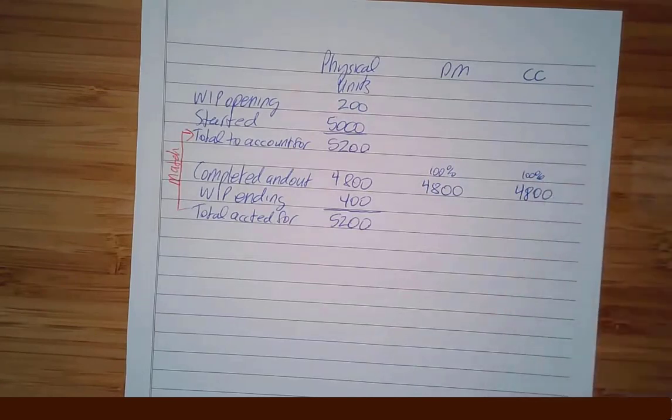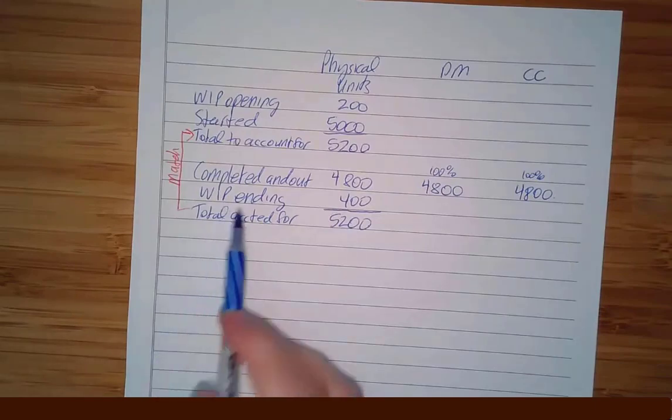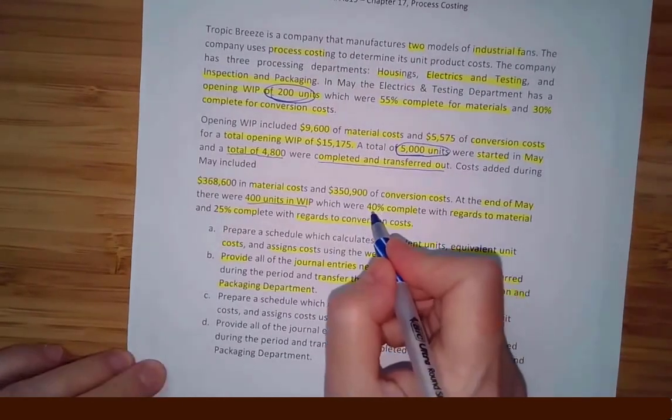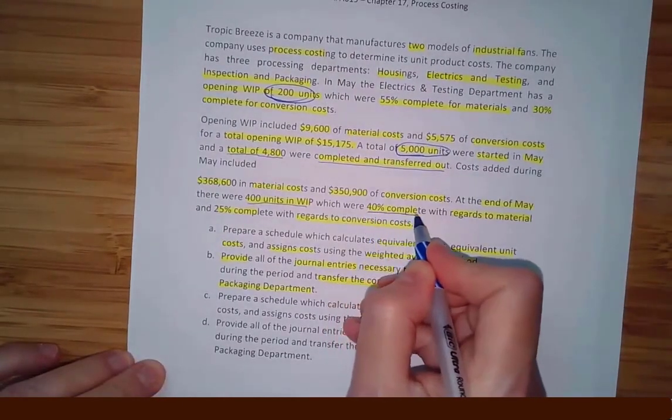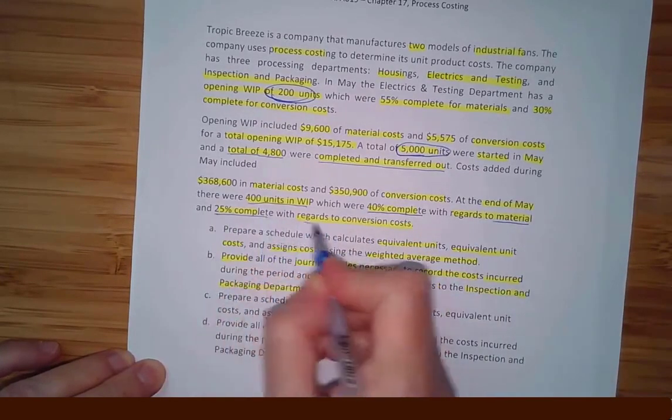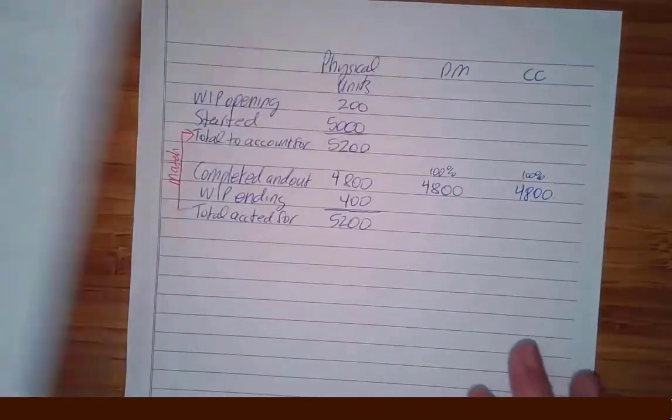Now we have to ask ourselves, how much of the direct material have gone into the work in progress ending? So we have to get that information from the question. It says that 40% are complete with regards to material, and they're 25% complete with regards to conversion costs. So that's what it's telling us.